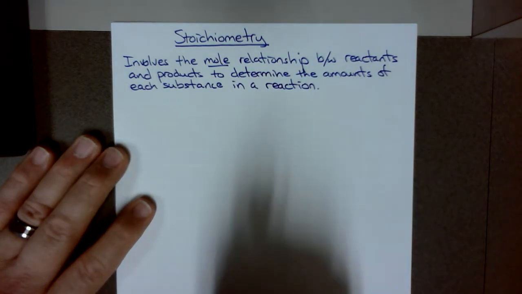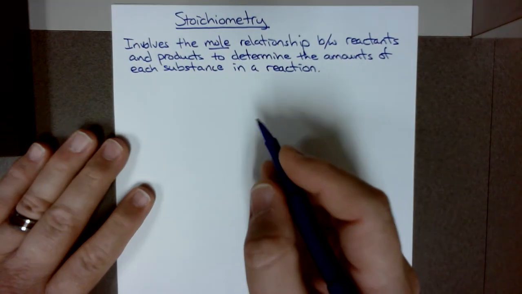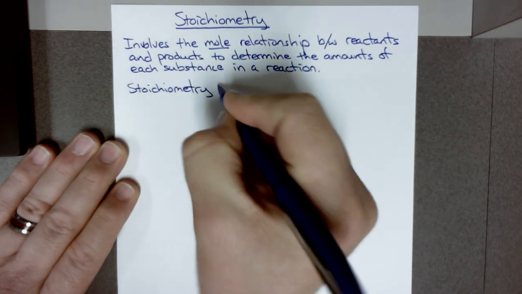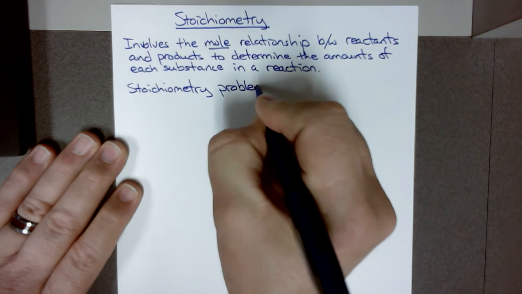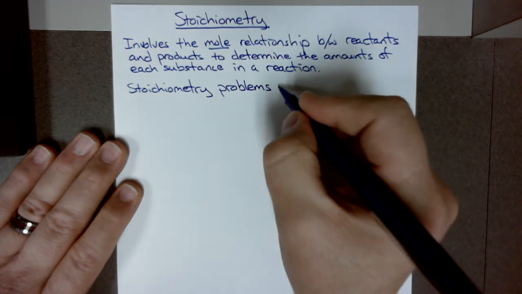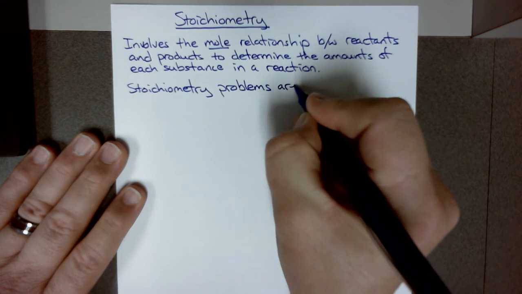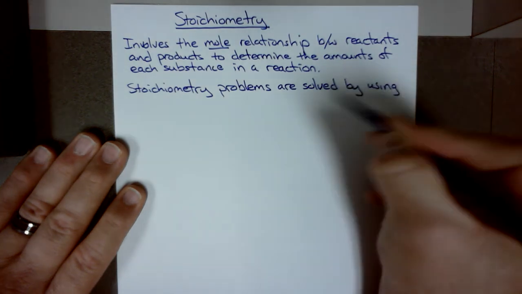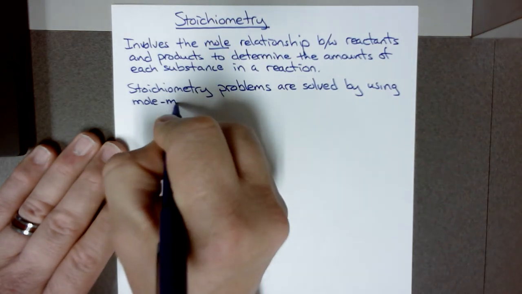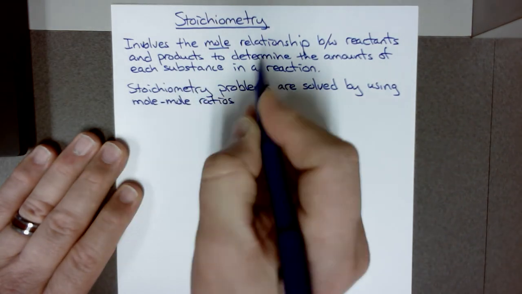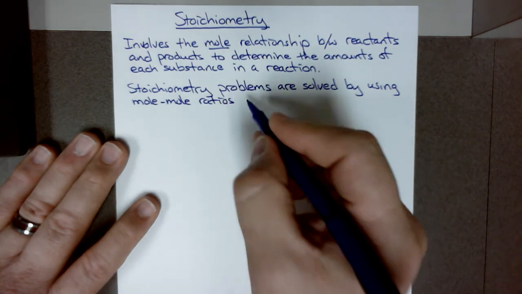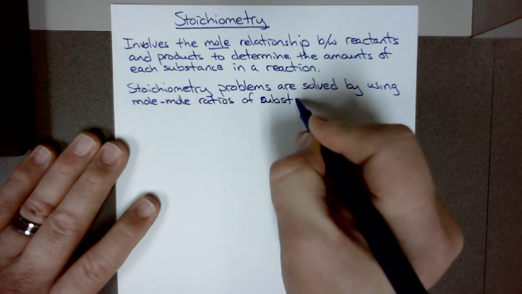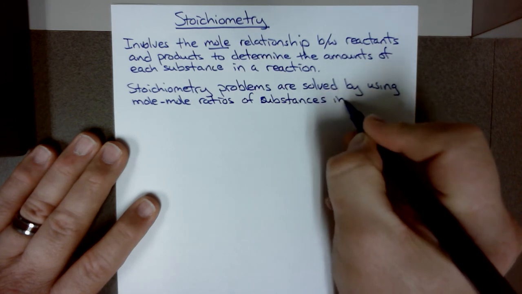So stoichiometry problems are solved by using what we call mole-mole ratios. Stoichiometry problems are solved by using mole ratios of compounds, or of substances, because it could be an element also, in a balanced chemical reaction.